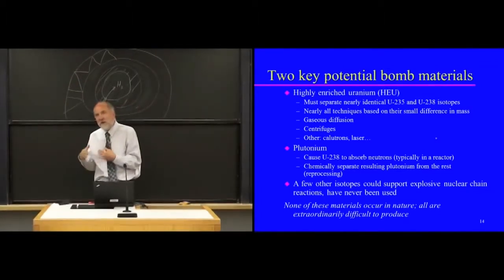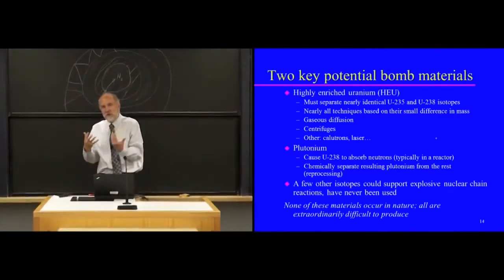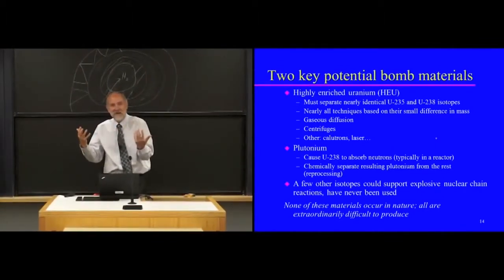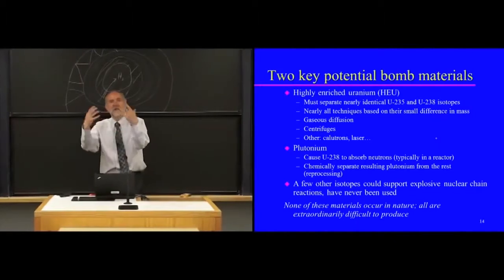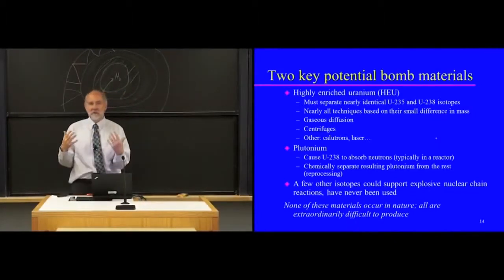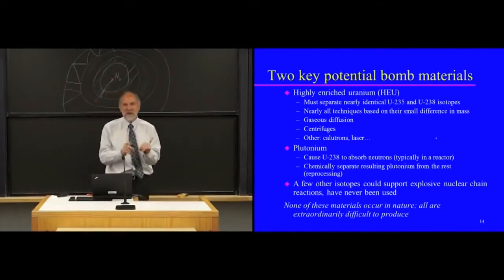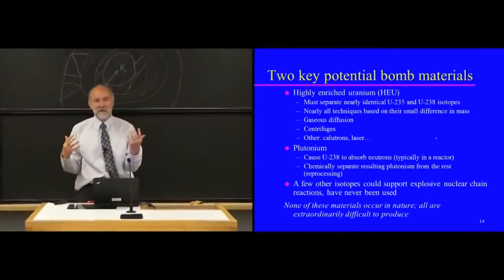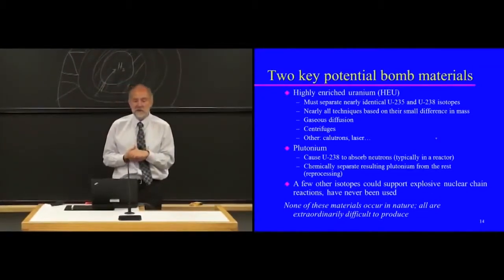Almost all, and that process is called enrichment. The more U-235 percentage you have in your uranium, the more enriched the uranium is. So when people say highly enriched, they mean 20% or more uranium-235. That's the international definition of highly enriched uranium.